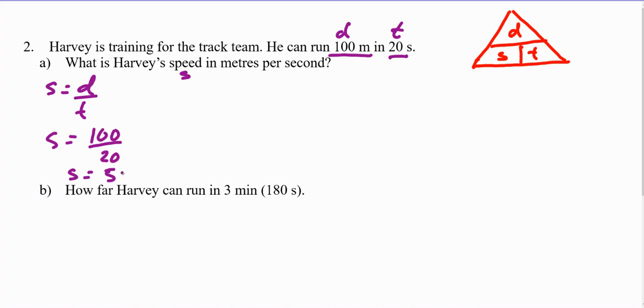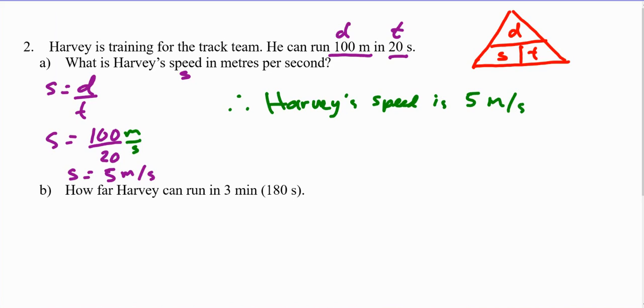And again, we have to get the units straight, meters per second. That's how we come up with these units. So make sure you're writing those units. So therefore, Harvey's speed is 5 meters per second.